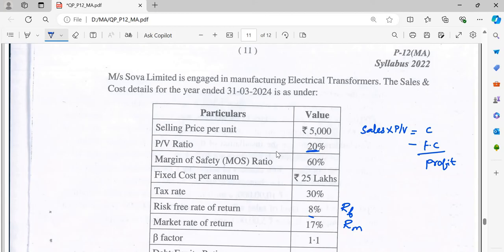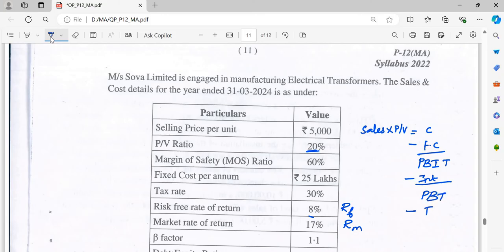So this is profit before interest and taxes, that is PBIT. So in simple we can say as PBIT. After this we can reduce interest, then we will be getting profit before taxes. Then we can reduce tax, so then we will be getting profit after taxes. So this is a format we have.